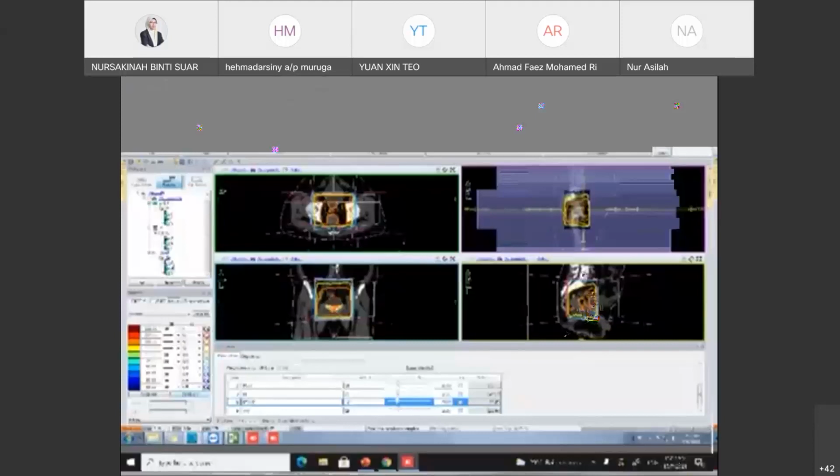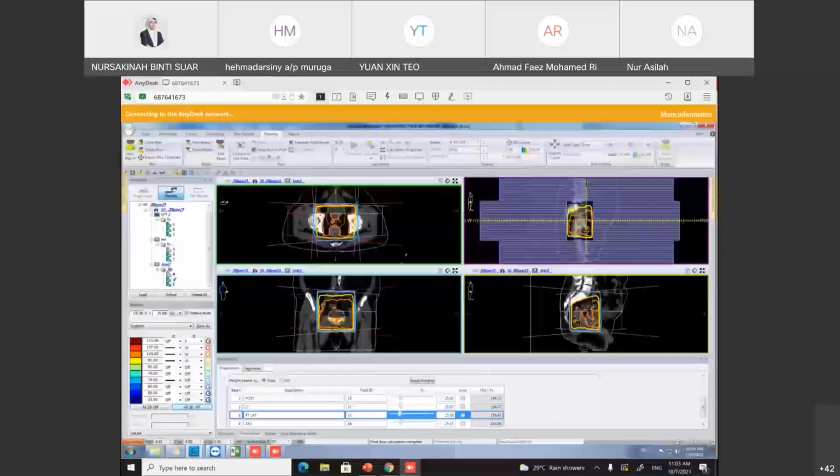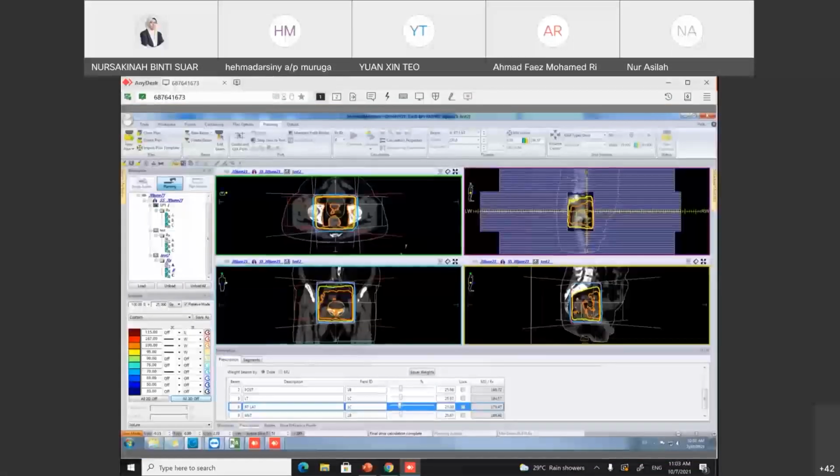So now I want to make it more homogeneous. Anyone? The example is like just now, when I tried to reduce my right lateral beam, I reduced the percentage weighting. So under the same conditions, how should I distribute more equally from anterior and posterior?